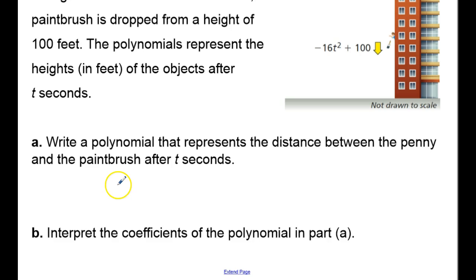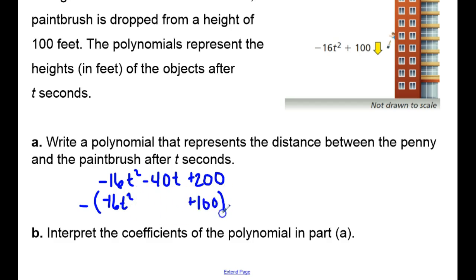So I take my first one, my paintbrush, which was negative 16t squared minus 40t plus 200, and I'm going to subtract that negative 16t squared, I didn't have a t term, plus 100.